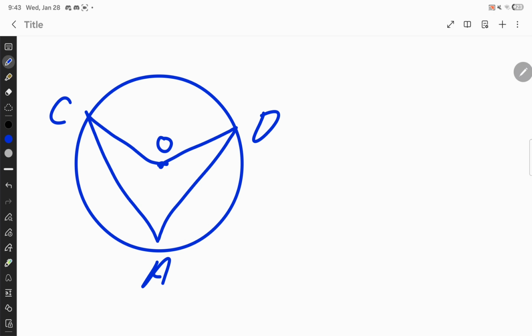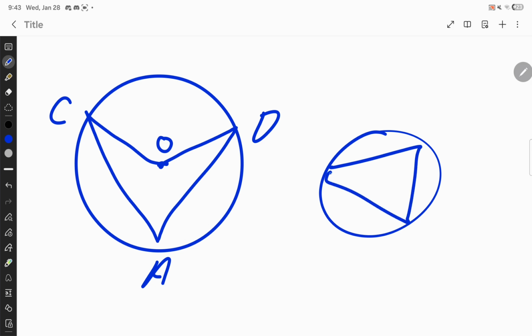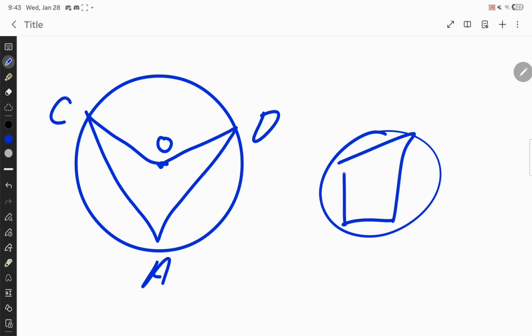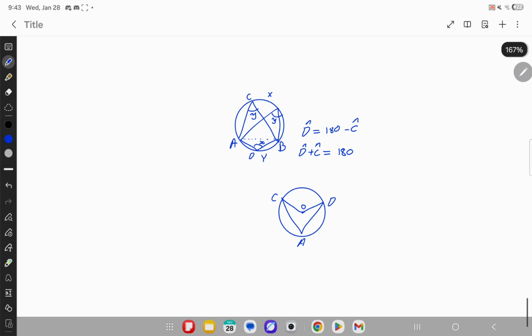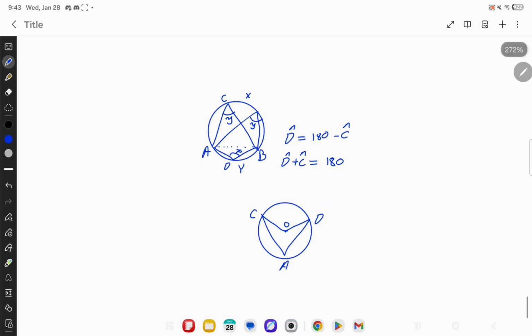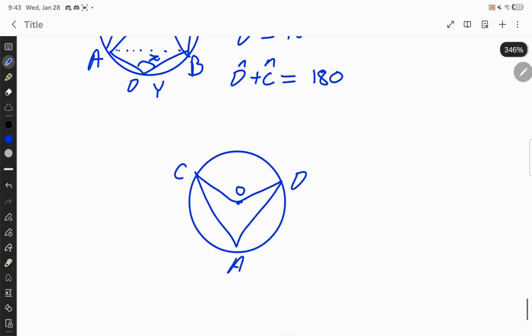If you have some sort of odd shape going on, it can be a trapezium, for example, or a normal rectangle, any weird shape that you want, but this is not a cyclic quadrilateral.